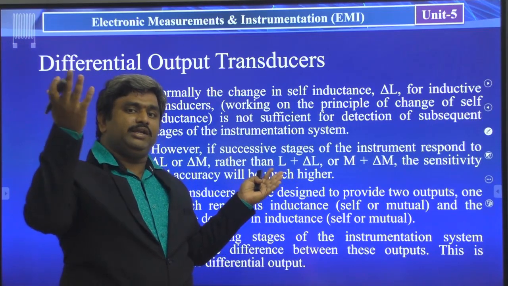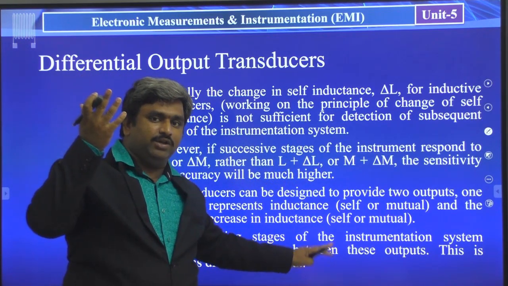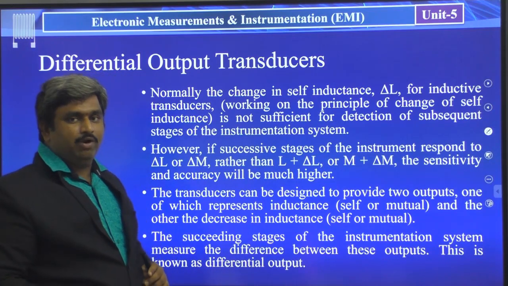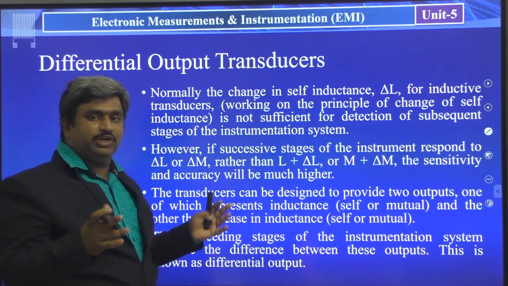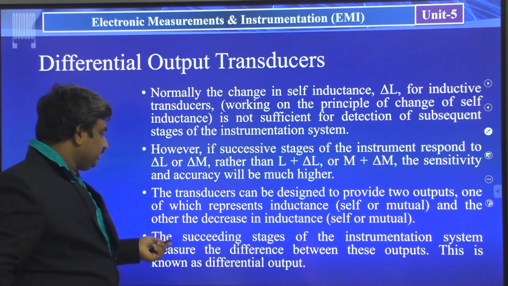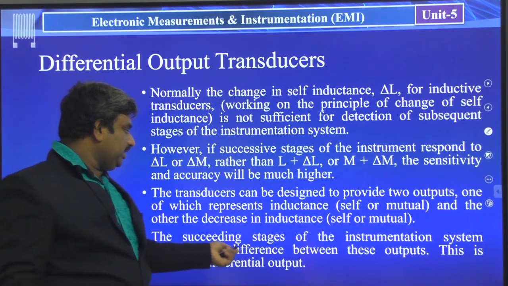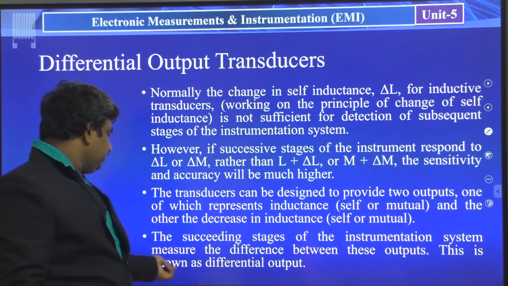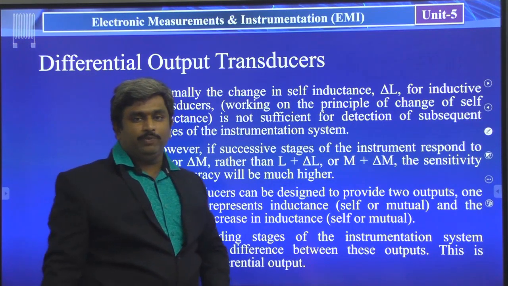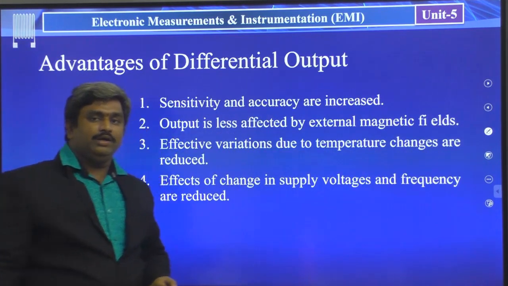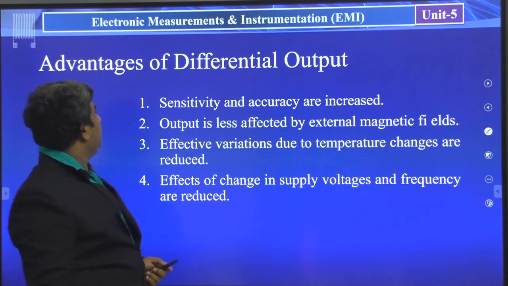Otherwise, if the other side increases, this side will reduce. That is two differential type outputs. The successive stages of the instrumentation system measure the differences between these outputs. This is known as differential output. So this is the mechanism called differential output behavior.